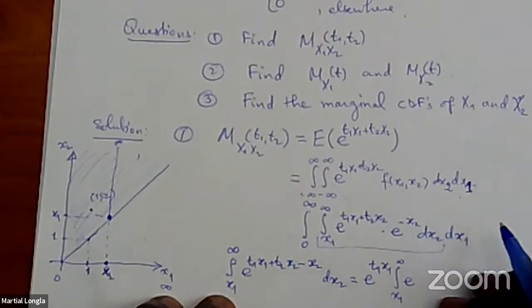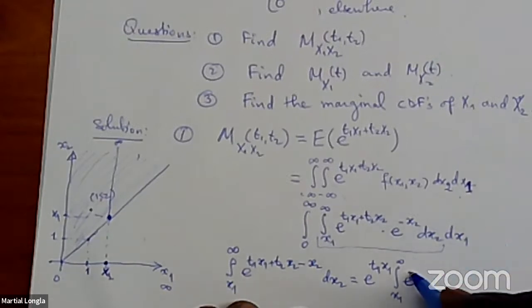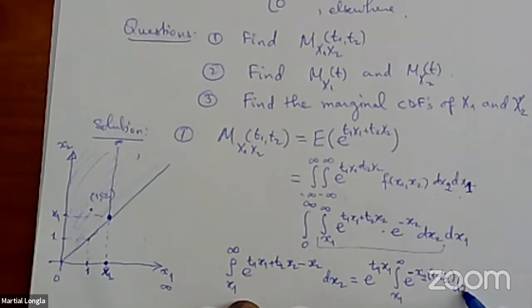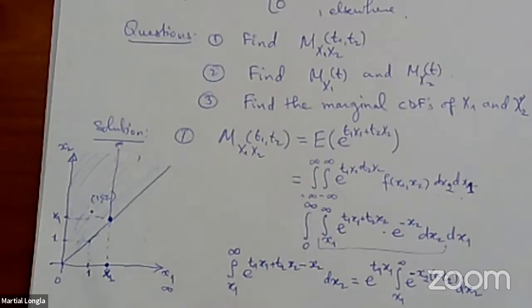And I can actually do something better. I can put here negative x2 times 1 minus t2. And now you can integrate this.